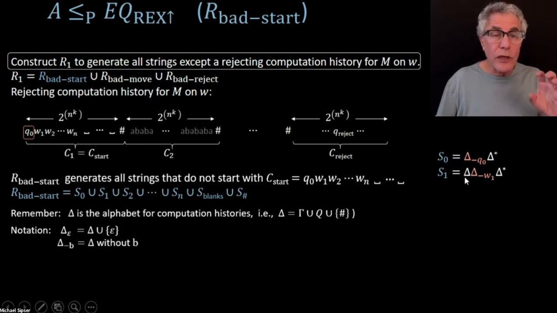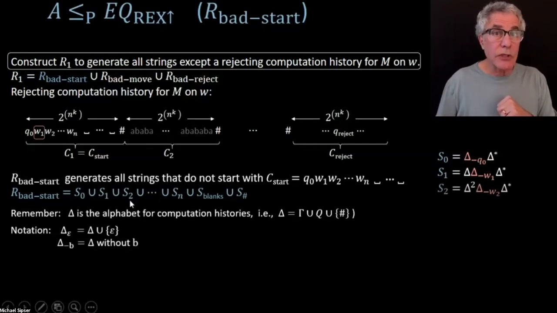If all I want to do is describe all of the places where the second symbol is wrong, namely it's not W1, that's anything in the first place, something besides W1 in the next place, and then anything at all afterward. Those are all strings that don't have W1 in that location. So I'll write it over here like that.